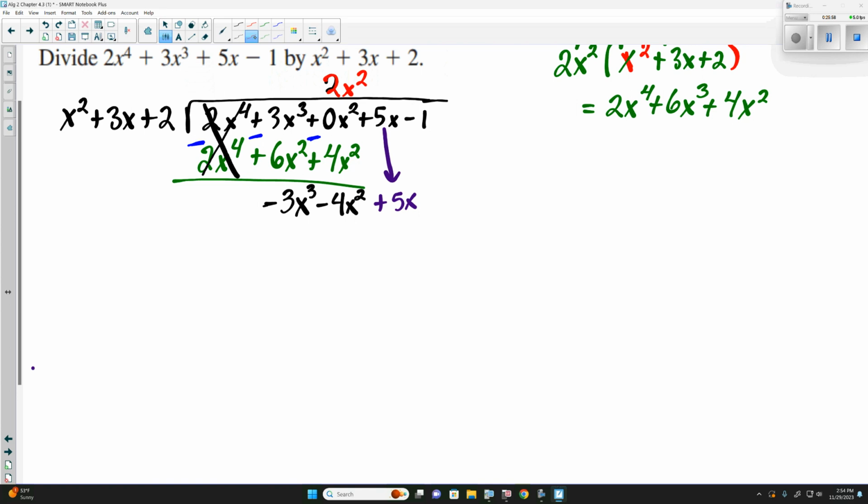Now we're going to repeat this process again. What times x squared gives us negative 3x cubed? Negative 3x. Because the variables will match up with what they're sitting above. X squared, x, in our next term. So we're going to multiply our x squared plus 3x plus 2 by negative 3x.